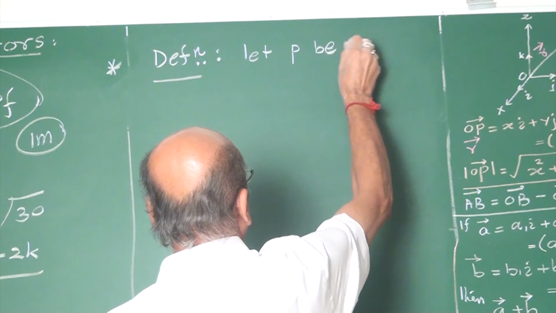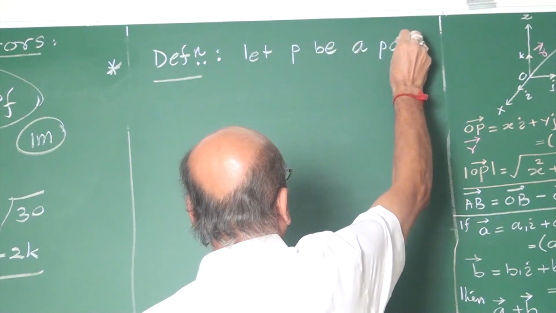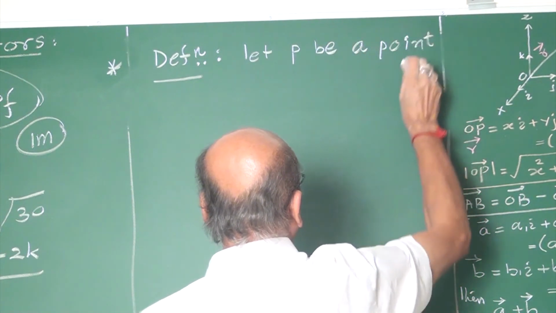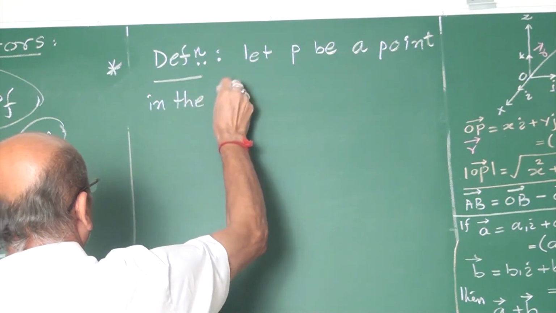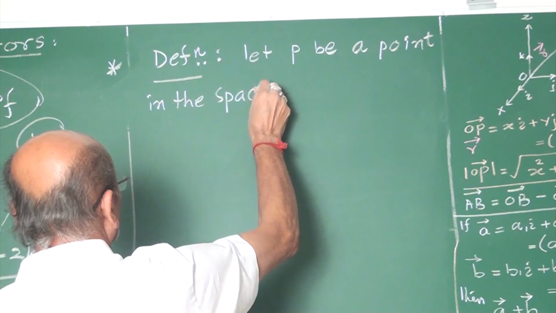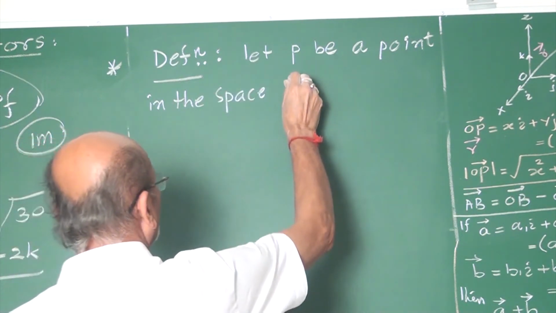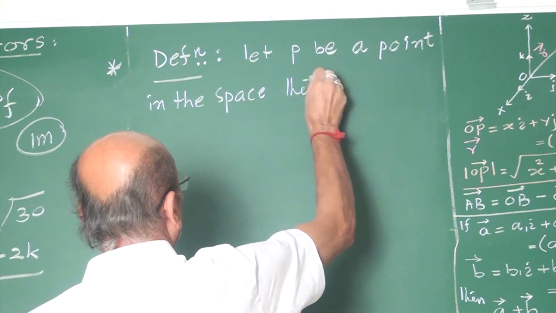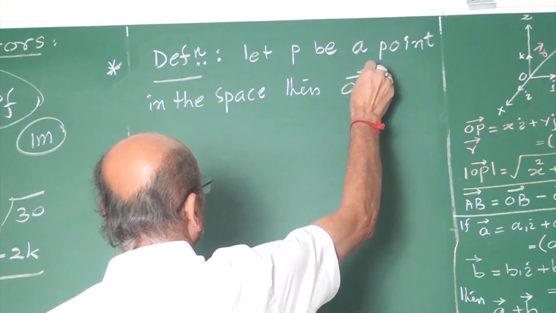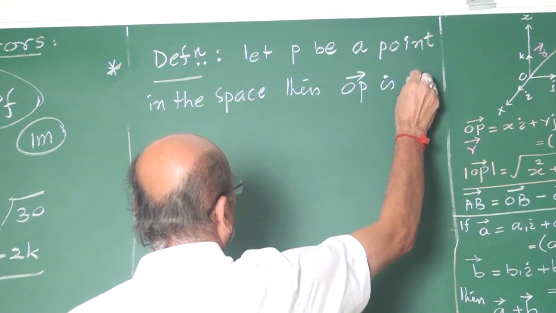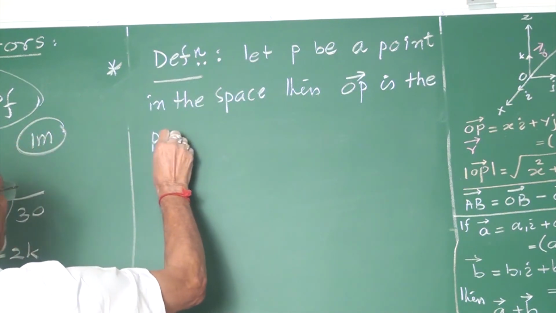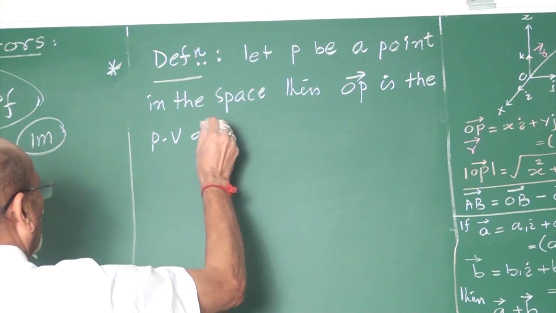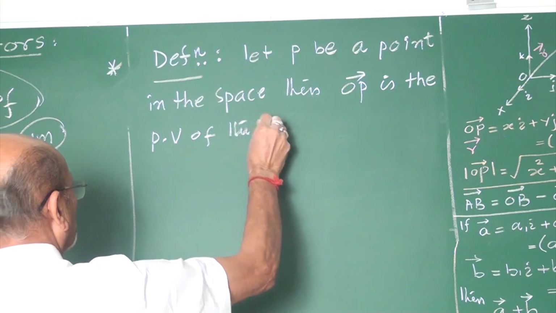Then OP is the position vector of the point P.